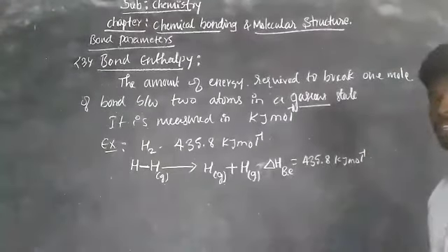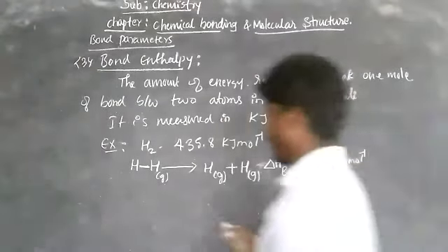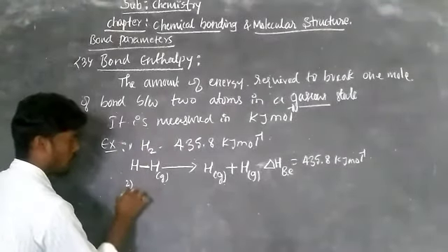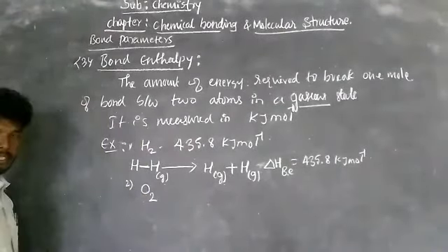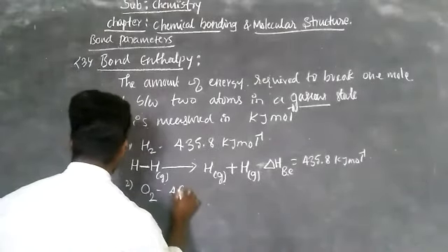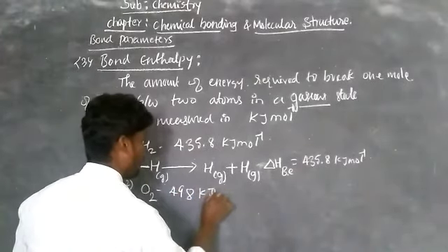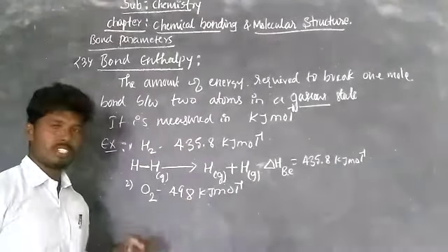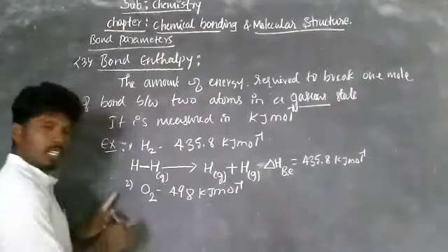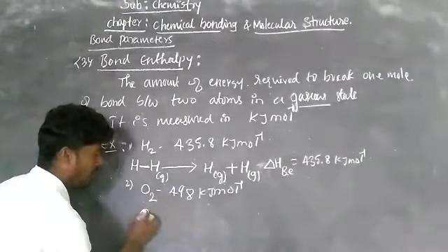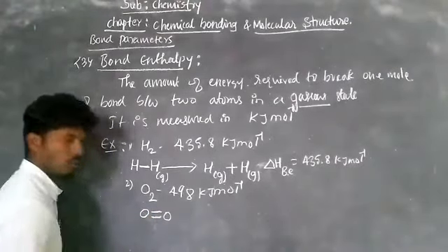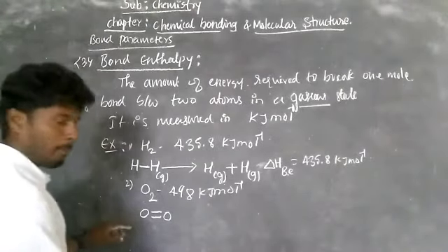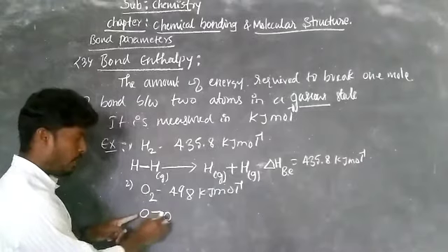Similarly, take the next one, oxygen, the O2 molecule. The oxygen bond enthalpy is 498 kilojoules per mole. This amount of energy is required to break the bond. Oxygen is divalent, O double bond O, a diatomic molecule with 2 bonds between 2 atoms.